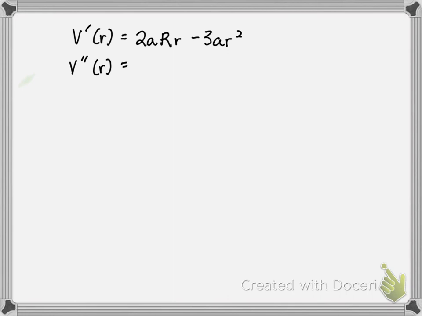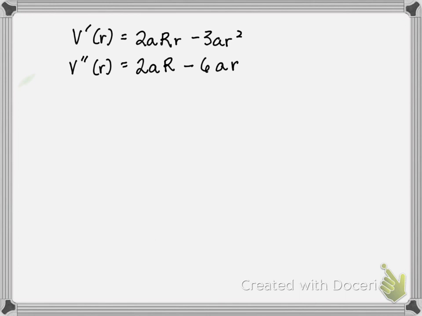So if I take the derivative of r, it's 1. So I'm left with 2A big R. And then r squared is the only other thing I can take a derivative of here. So 2 times 3 is going to give me a negative 6A little r. Okay, so that's my second derivative function.